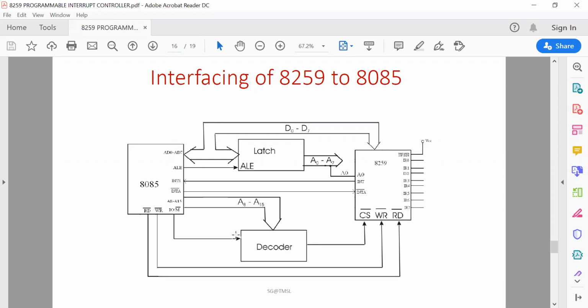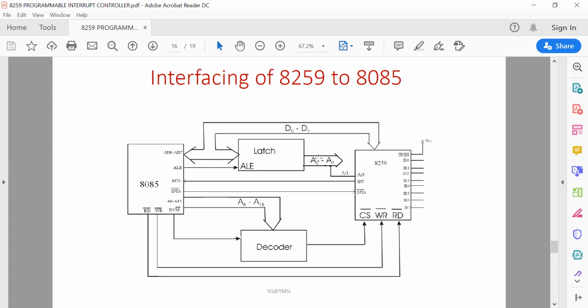The read and write control signals of the 8085 are connected to the corresponding signals of the 8259 IC. Now the data lines of the 8259 IC are connected to the corresponding multiplexed lower order address bus and data bus of the 8085.